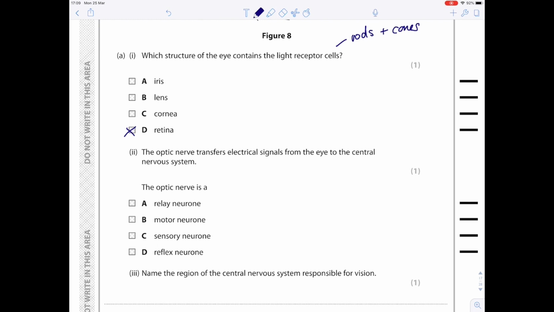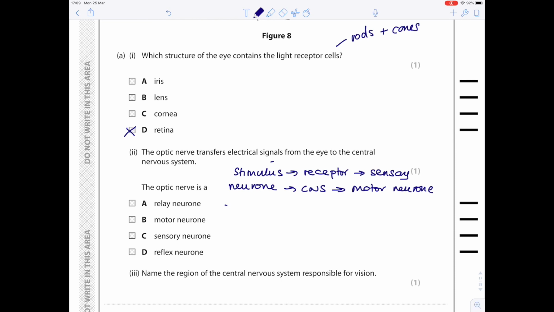The optic nerve transfers electrical signals from the eye to the central nervous system. So try and remember that you go stimulus, receptor, and this is the order within a nervous response, to sensory neuron, to the CNS, to the motor neuron, and finally the effector, which brings about the response.